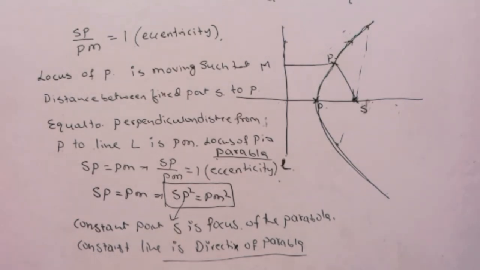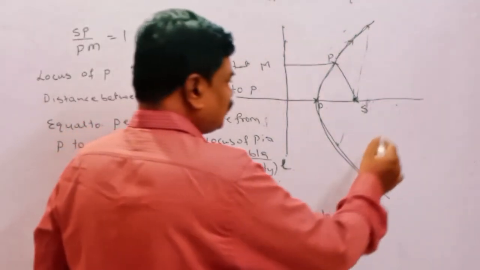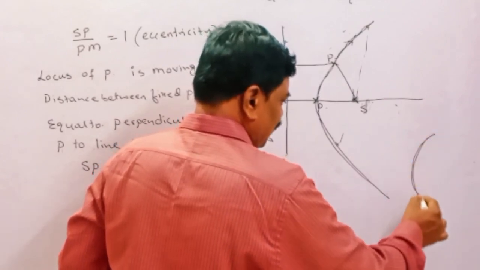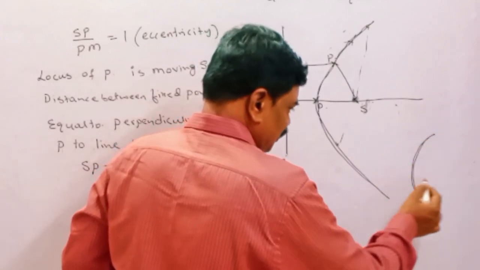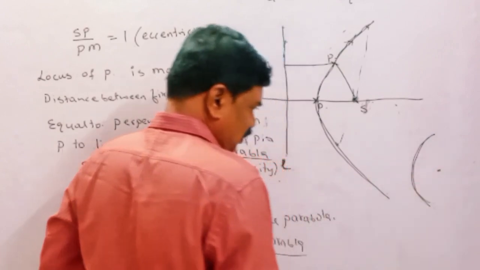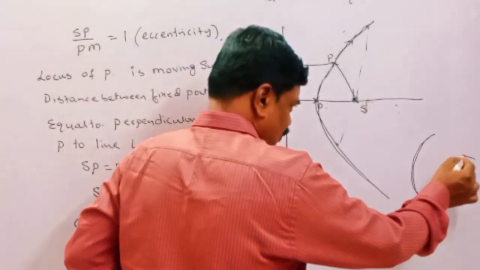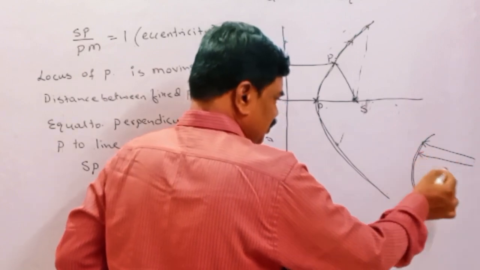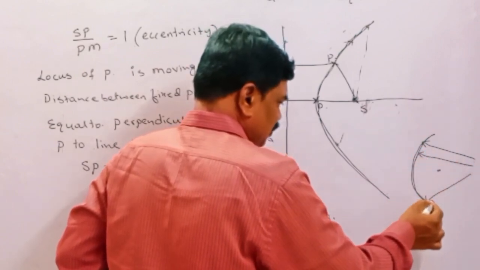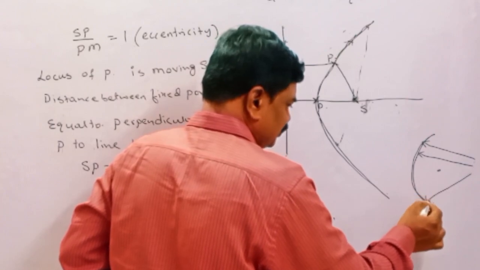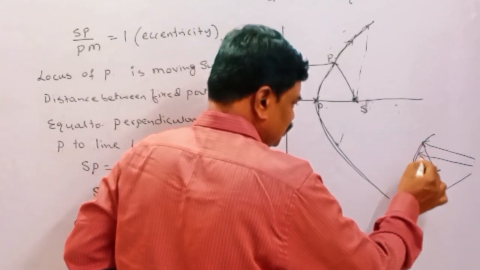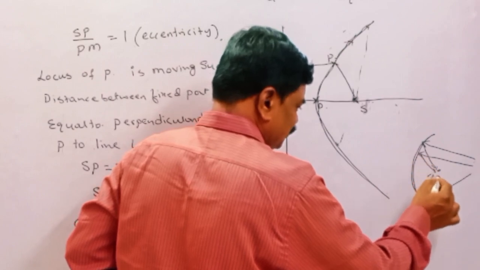Okay, all of you. What is the focus? Suppose this is the curve like this, and this is the focus. Suppose rays converge from these to this point, as in physics.